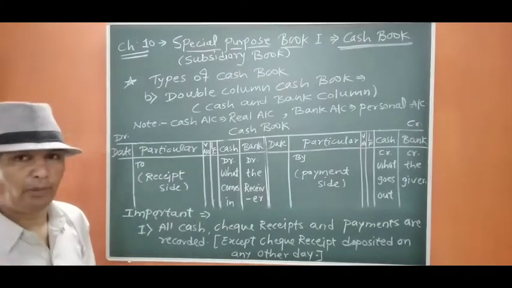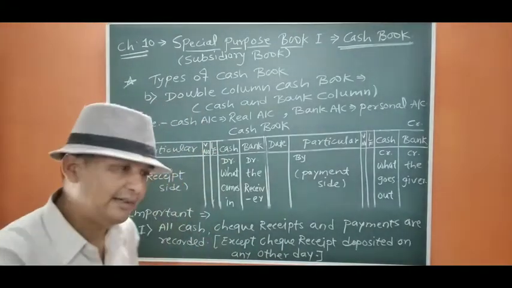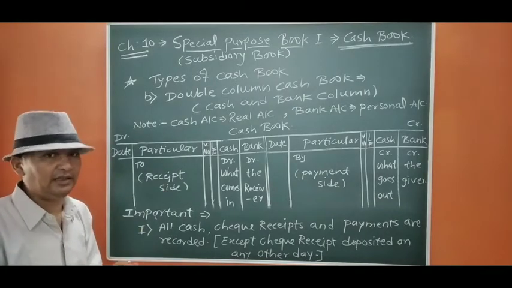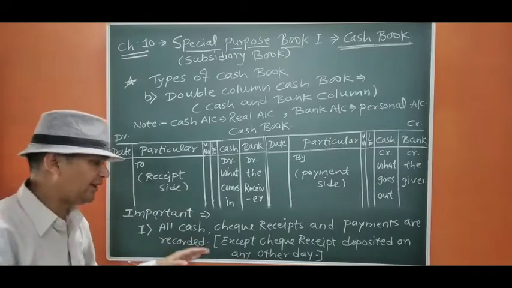When you are going to deposit the check into the bank, on that date, that will be recorded here. Okay. So it should be very clear, and you should remember it because it is very important.